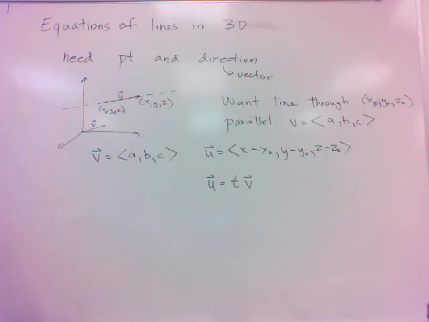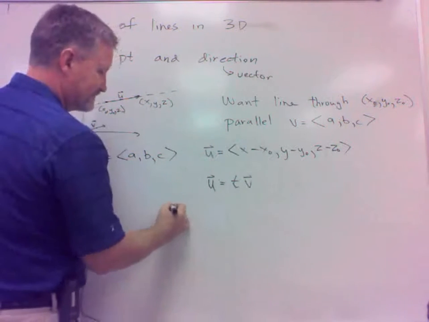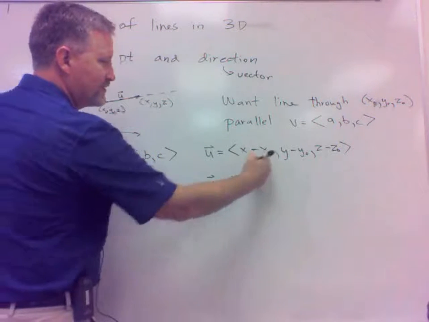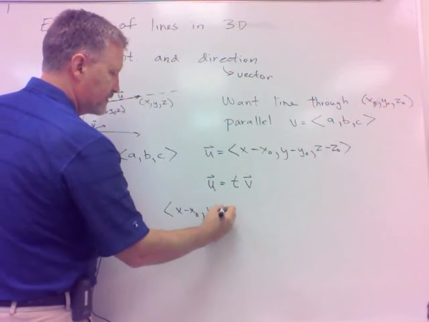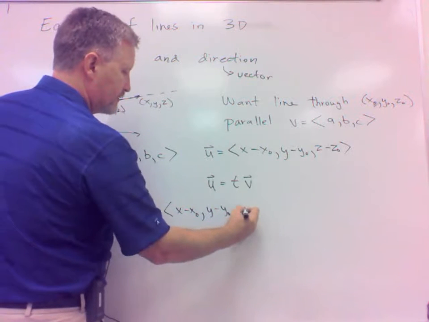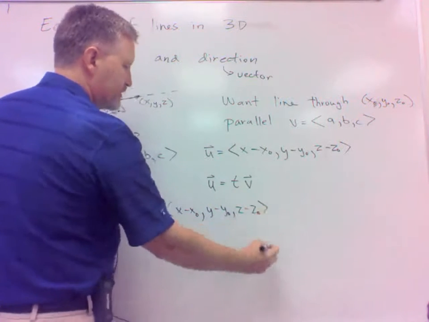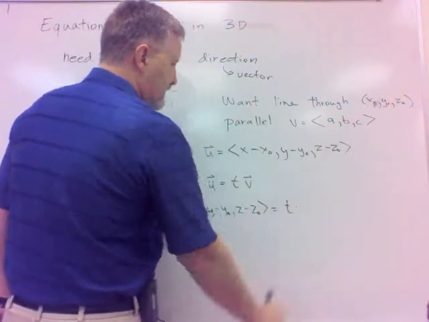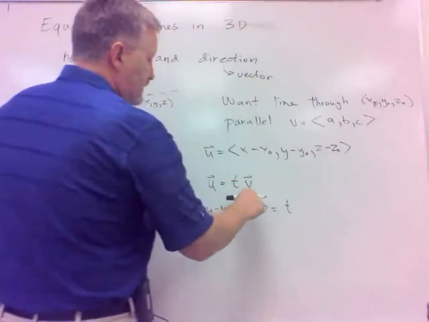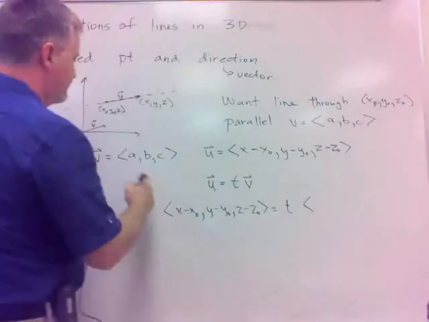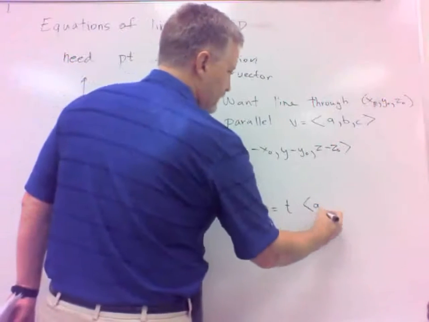Okay? All right, well, what this does is this sets up a little equation here. u is the difference of the components here, and then the other side is some multiple t. t is just a scalar. So we multiply that by vector v, which is the ABC, they're calling it.